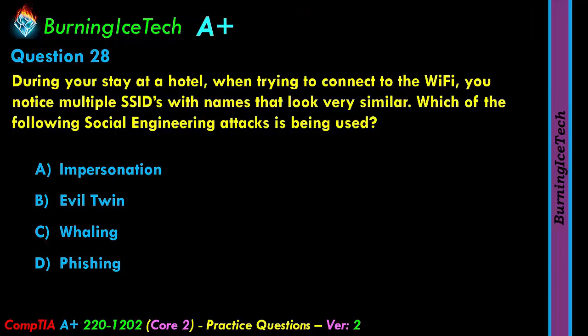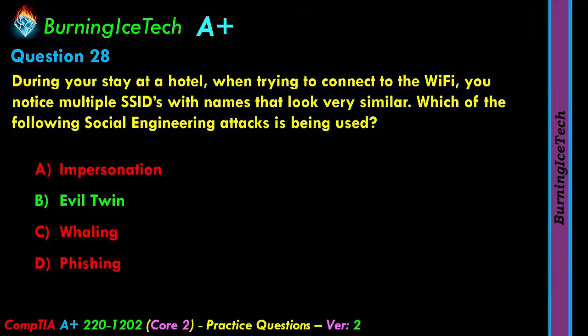So are we doing impersonation? Kind of. Impersonation is generally more in IT when we try and pretend to be a person that we are not. So it's not really impersonation. We are talking about SSIDs that look similar. That is evil twin. So that's when the perpetrator, the threat actor, gets themselves their own access point or their own router.